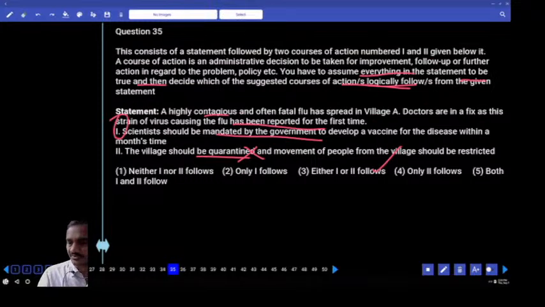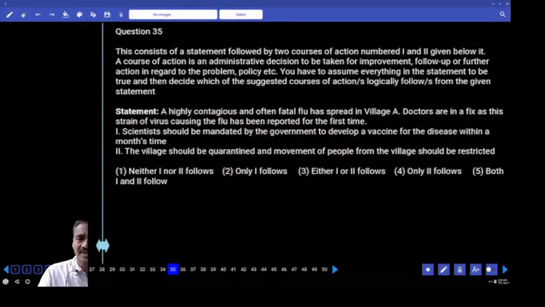Then 35. In this 35, a highly contagious and often fatal flu has spread in village A. Doctors are in a fix as this strain of virus causing flu has been reported for the first time.